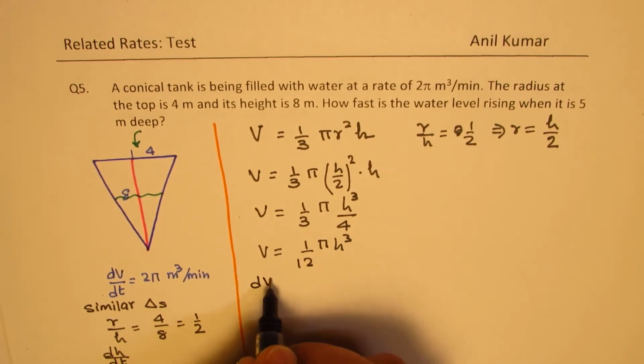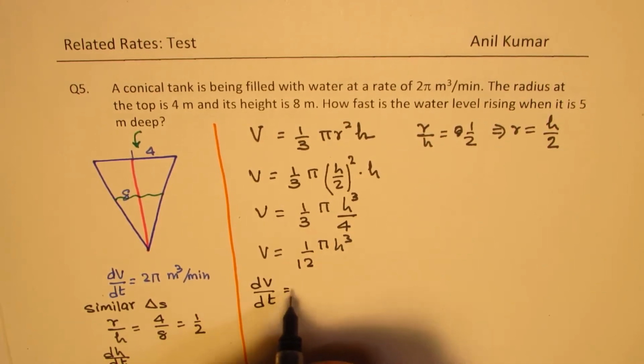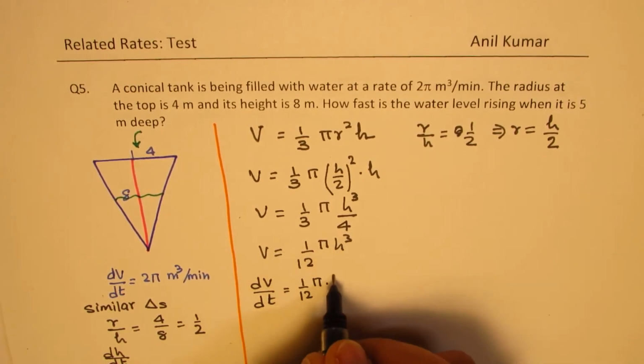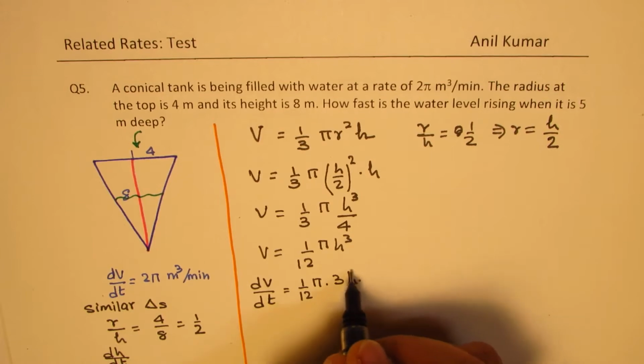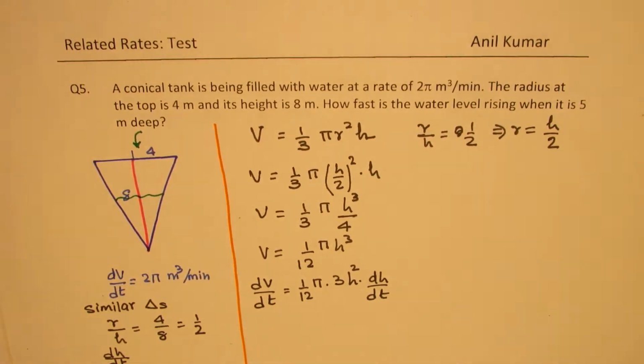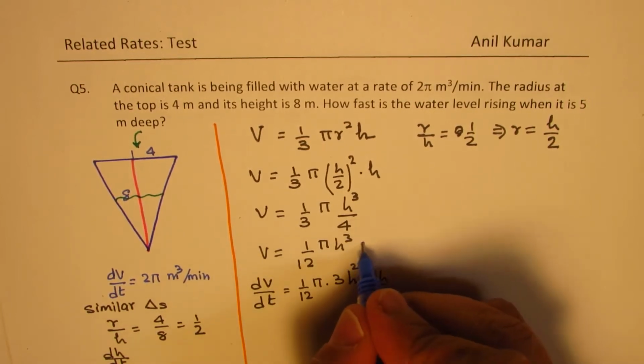So differentiating volume with respect to time, we get 1/12 pi times 3 h square dh/dt. That is the expression which you get once you differentiate this with respect to time.